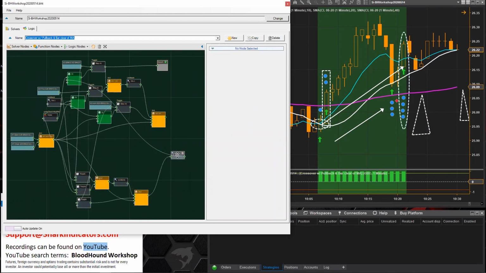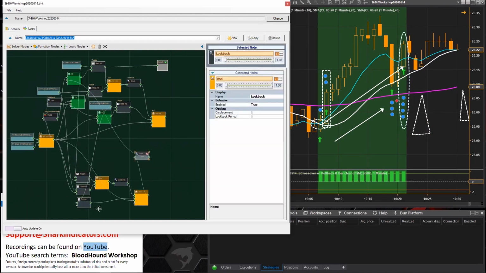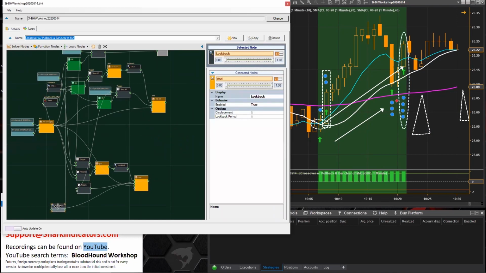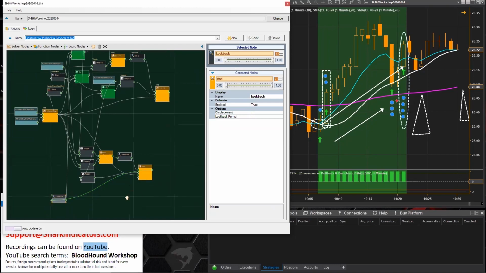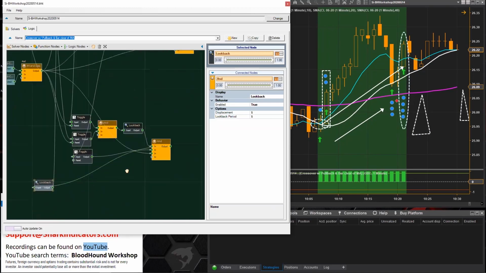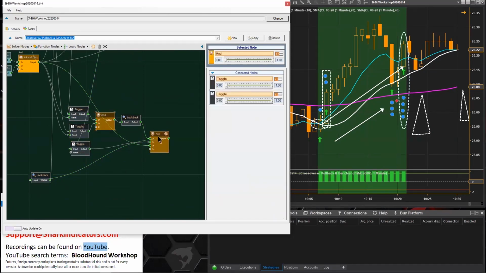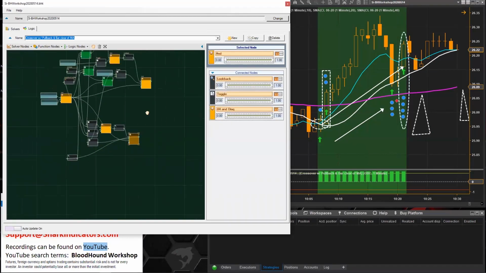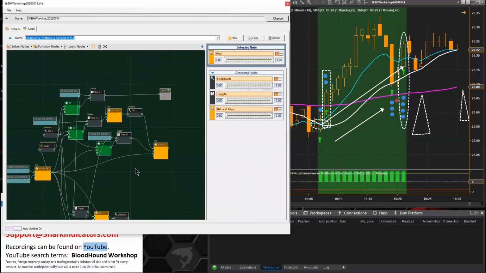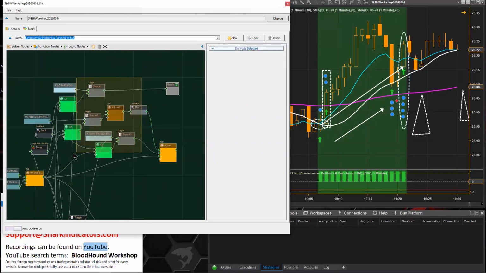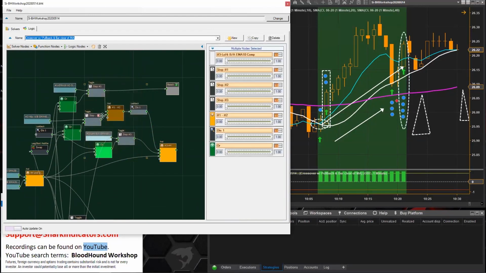Let me try and get these leaders as best we can here. If we look down here, basically it's a bunch of toggle nodes and a couple of AND nodes. So I built a simplified version of this logic.